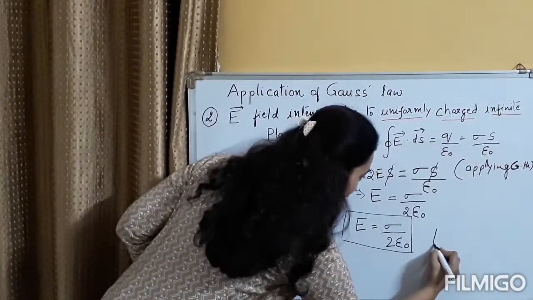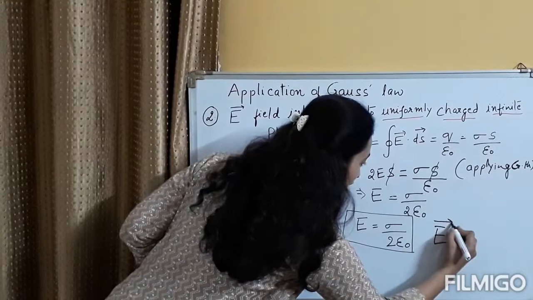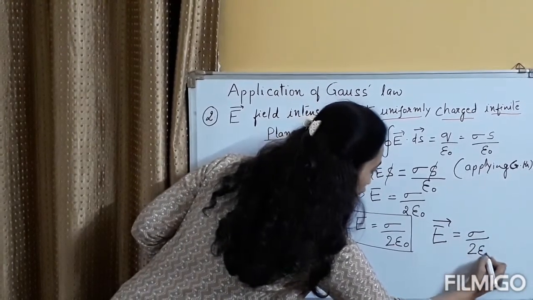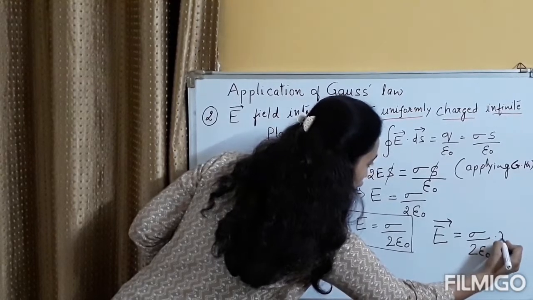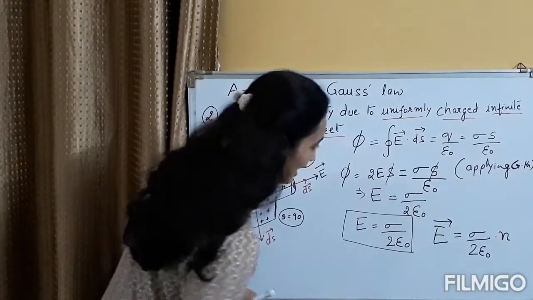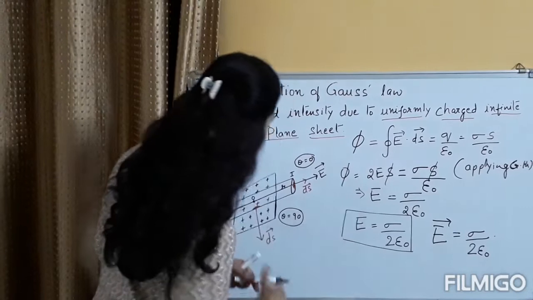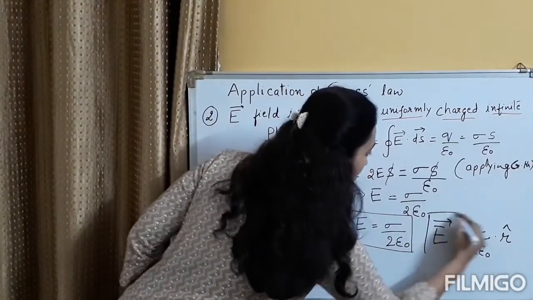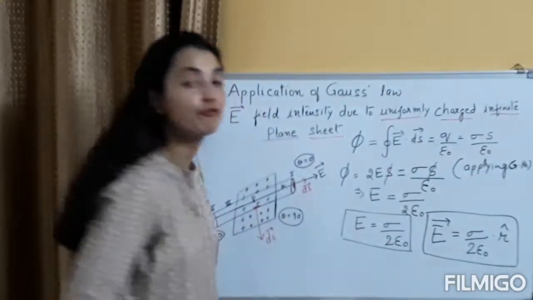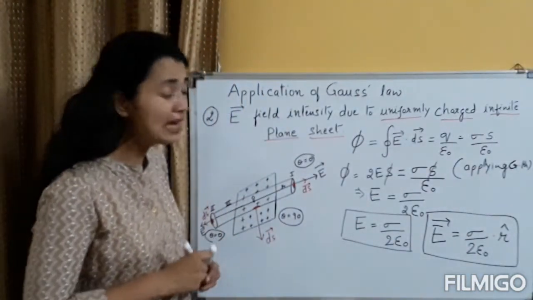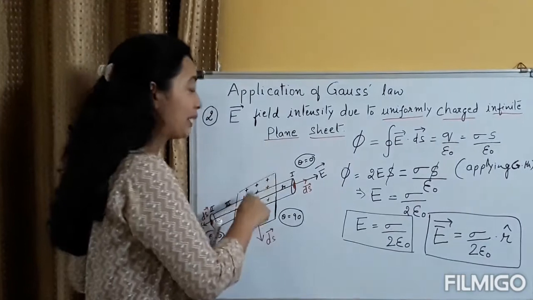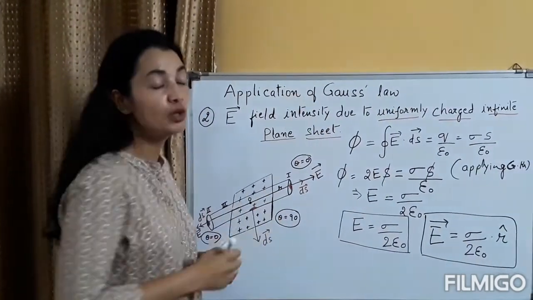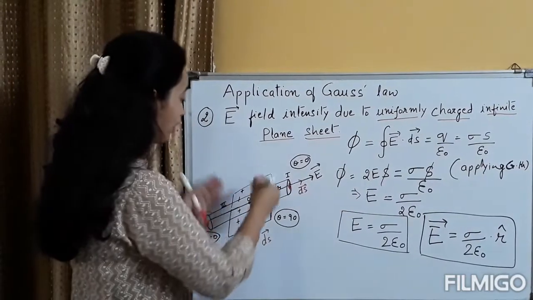If I want to express it in vector form, then electric field vector is equal to sigma upon 2 times epsilon naught in the direction of r cap or n cap, whatever you have chosen as the outward normal, you can write it here. This represents the vector form of electric field due to an infinitely thin plane sheet, uniformly charged.